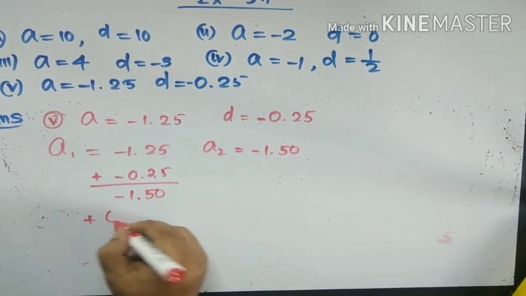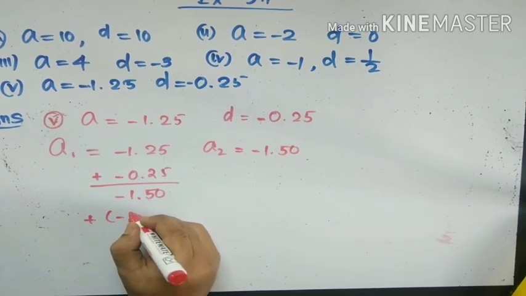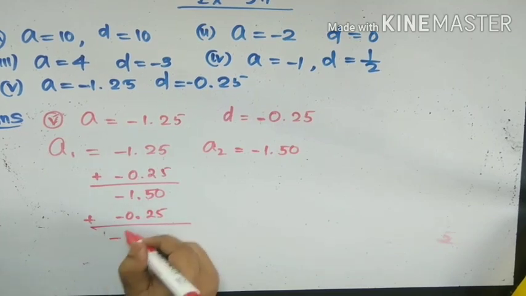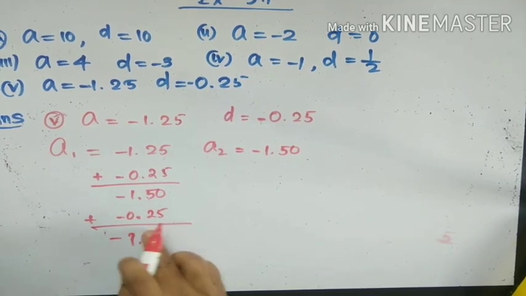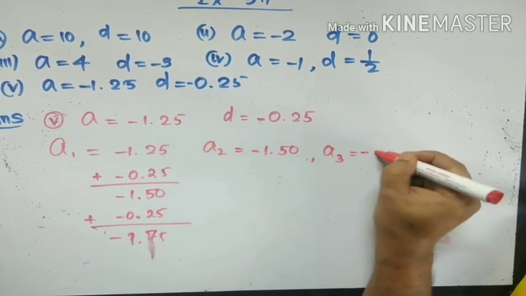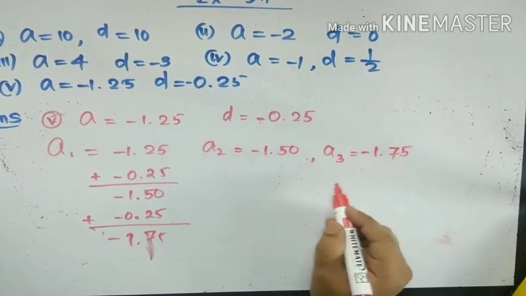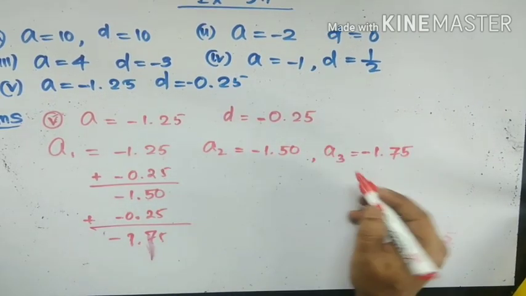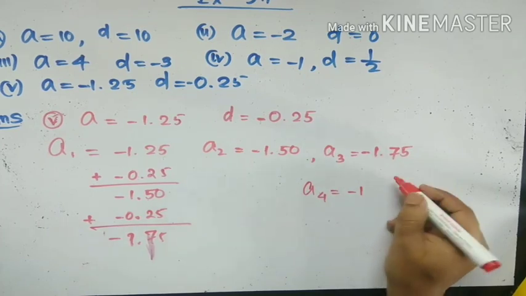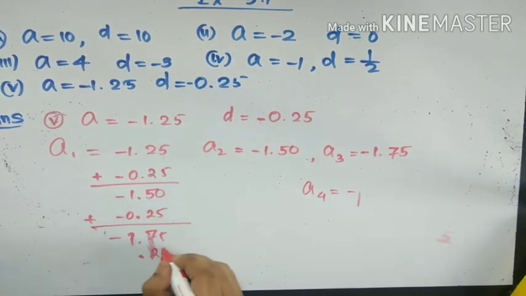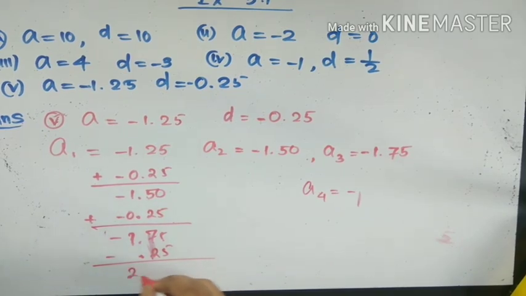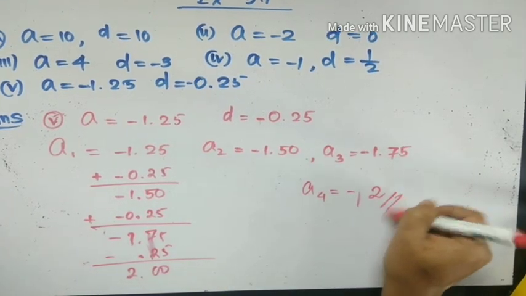If we again add minus 0.25 to this, we'll get minus 1.75. So A3 will be minus 1.75. Now it is decreasing. Similarly A4 will be minus 1.75 minus 0.25, so it will be minus 2.00, that means it will be minus 2.